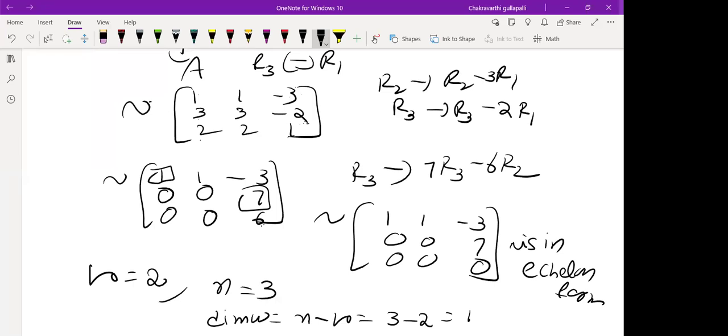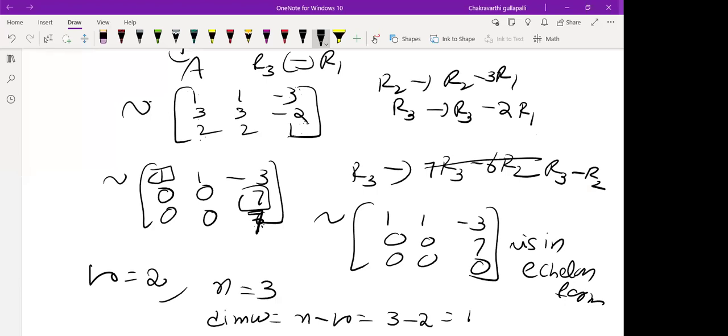Minus 2 plus 9 is 7. R3 minus 2R1. చూడండి 0, ఇది 0, 1 plus 6. 7 వచ్చింది ఇక్కడ. సో R3 minus R2 చేస్తే 0 0 0 వచ్చేసి ఆన్సర్ ఈస్ ద సేమ్.